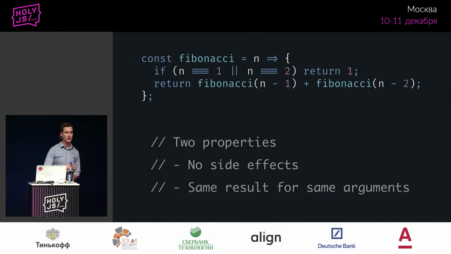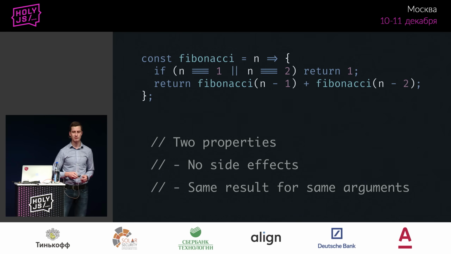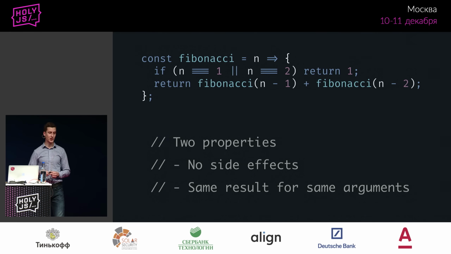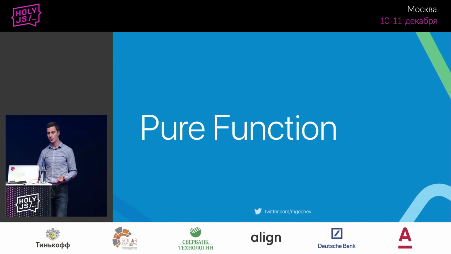This means that we're not going to send any network request over the network inside of this function, or log anything onto the console or do whatever. We're just going to compute the result. And also, we're going to get the exact same result when we invoke the function with the same set of arguments. So yeah, in the world of functional programming, these functions are called pure functions.